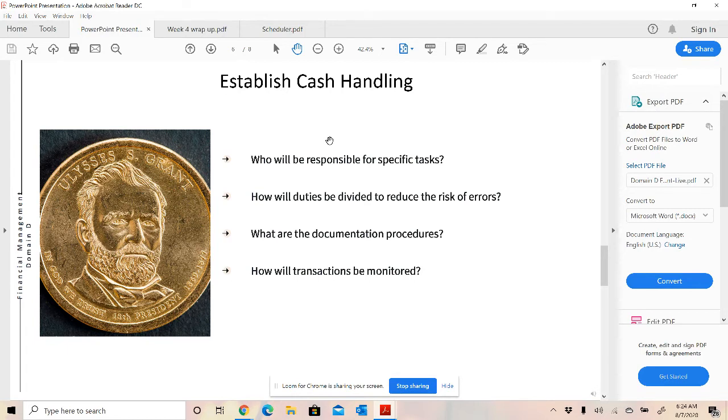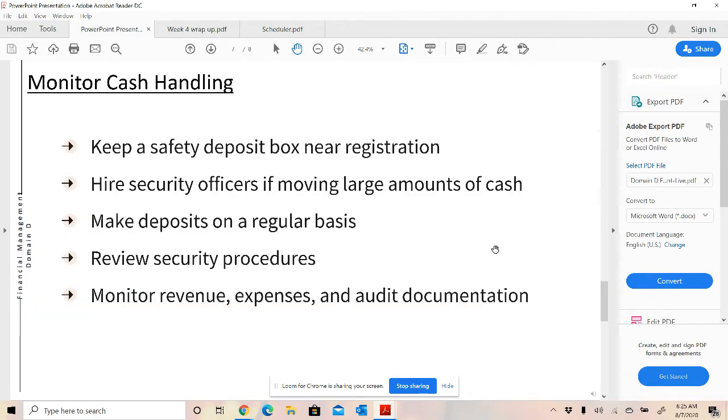What are the documentation procedures, and how will transactions be monitored? Because you're dealing with such large amounts of cash, even small meetings have large amounts of cash, you want to have procedures and protocols in place, and that everybody's on the same page and that everything is defined.